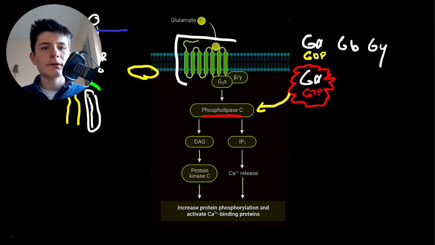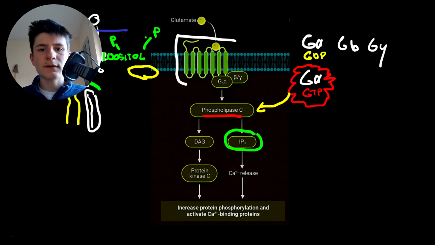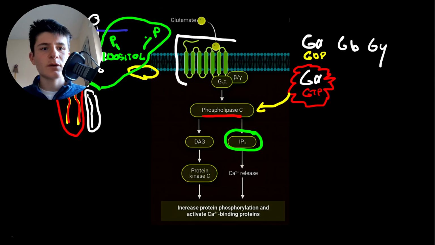So we have the inositol, and inositol has phosphates also attached to it, and so it gives inositol trisphosphate, and then we have diacylglycerol, with the glycerol attached because we have two acyl fatty acids and one glycerol, so we have DAG, diacylglycerol.